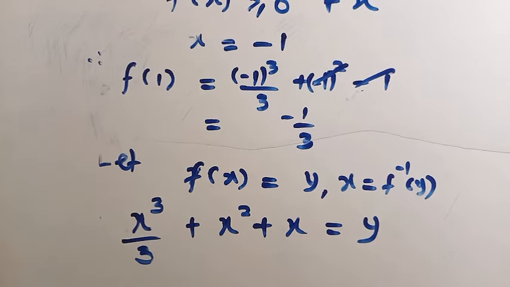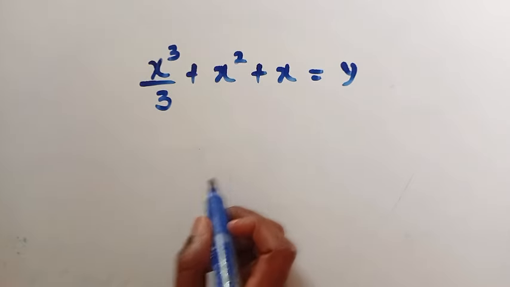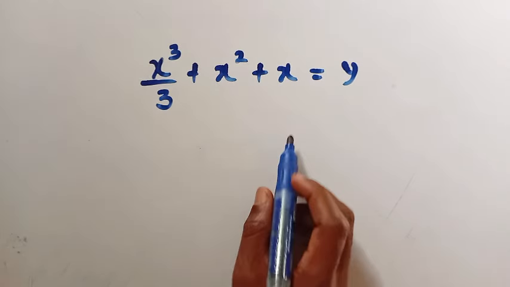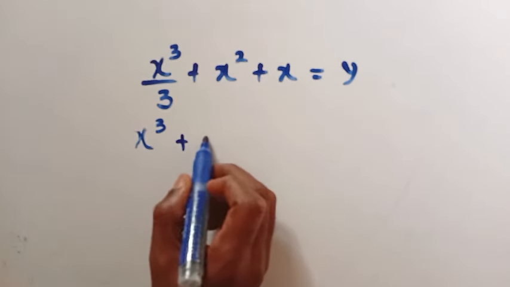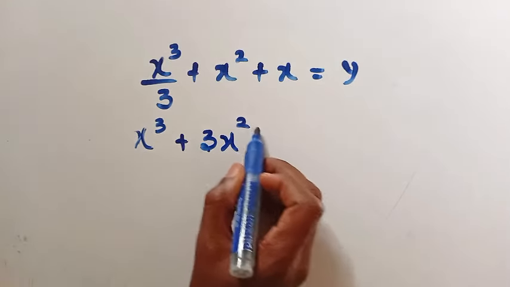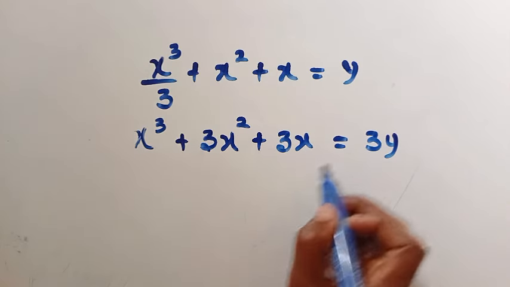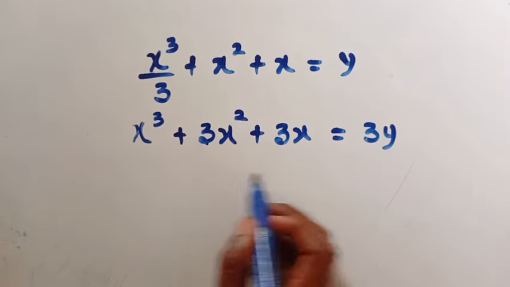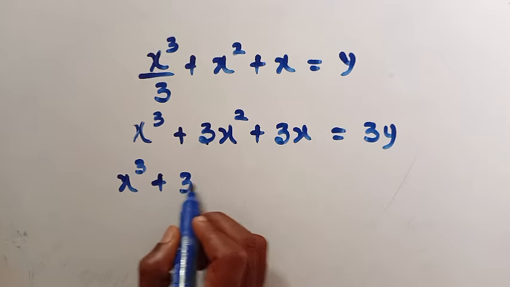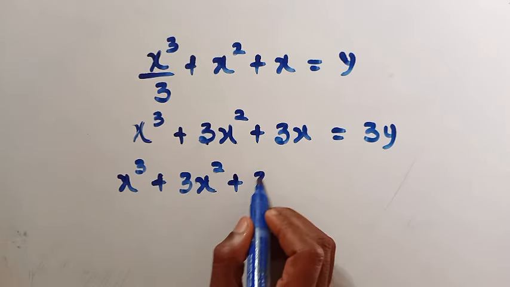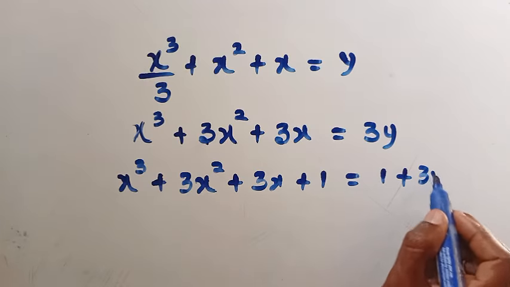Then the next step, looking at this side, let's multiply through by 3, so the 3 cancels 3. Here we have x cubed plus 3x squared plus 3x equals 3y. Next, let's add 1 to both sides. We have x cubed plus 3x squared plus 3x plus 1 equals 1 plus 3y.